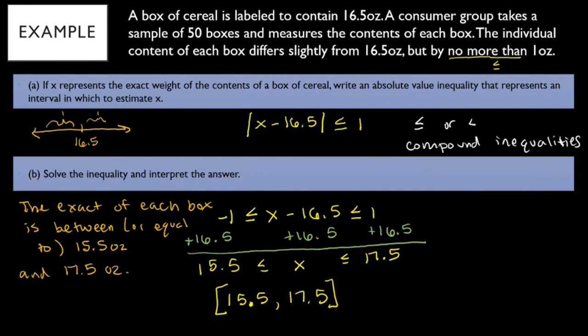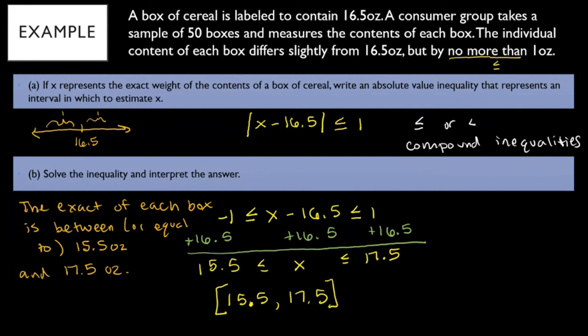That's what the interpretation means, is you're basically just putting in words what you just found, but you're adding the context. We're including the units, and we're including the fact that we're measuring a box of cereal. I could say each box of cereal. I could be more specific there.